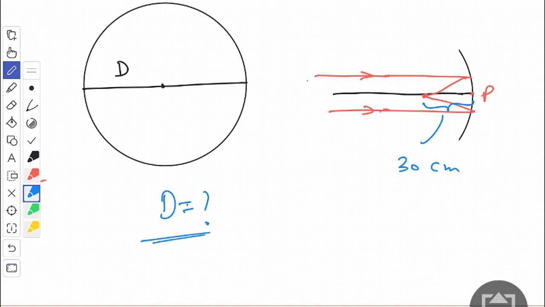Think about it, give me the answer, and then we will go to the next question. D is equal to how much?